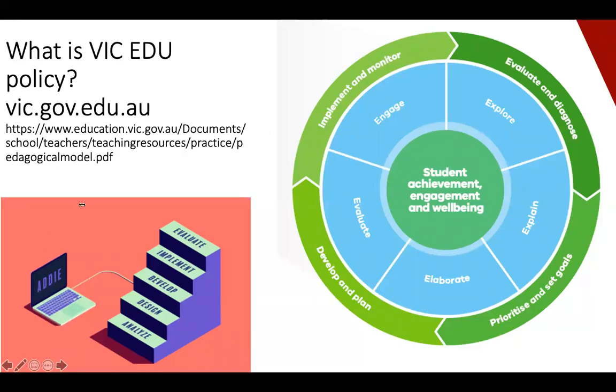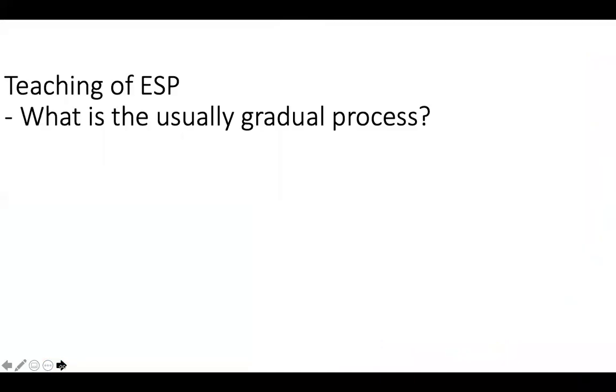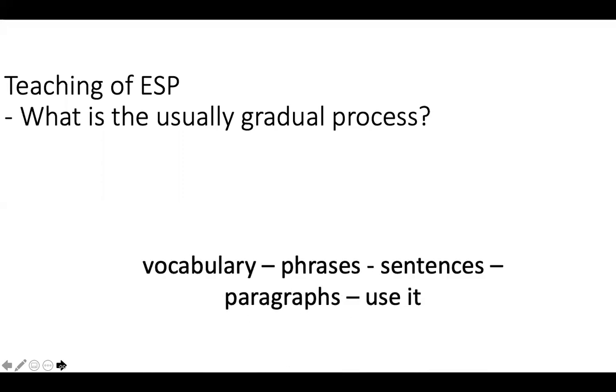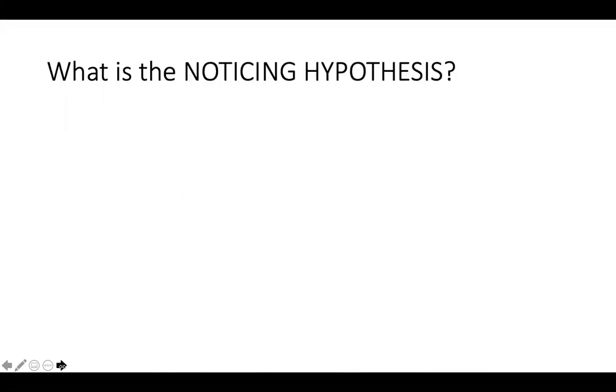Now we talked about pedagogy. The Victorian government has the 5 E's as their policy for pedagogy, which is engage, explore, explain, elaborate, evaluate. And they're touched on a little bit in the noticing hypothesis.